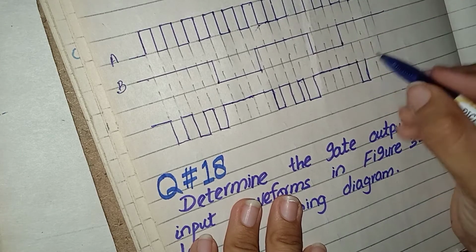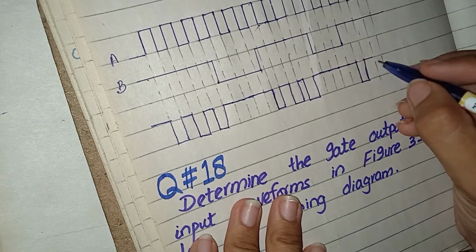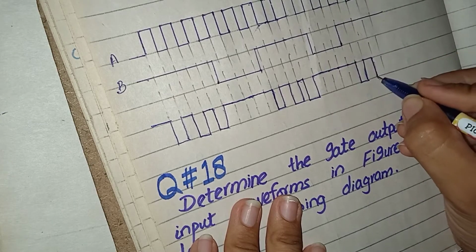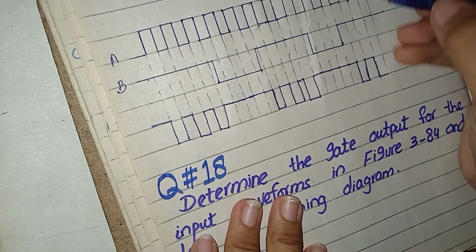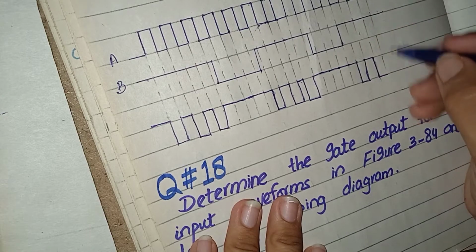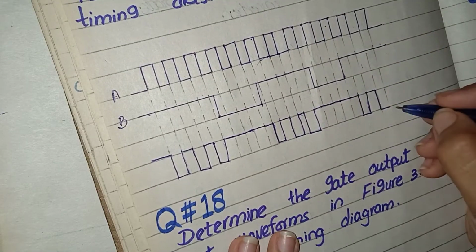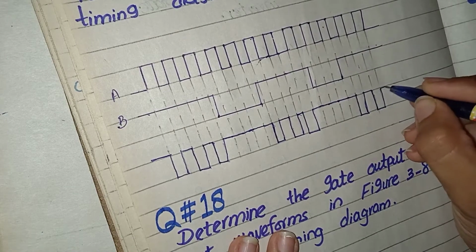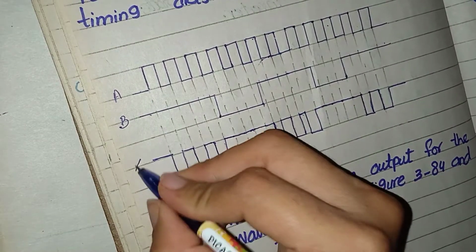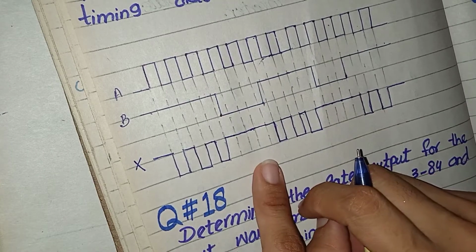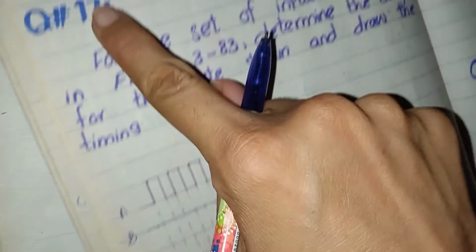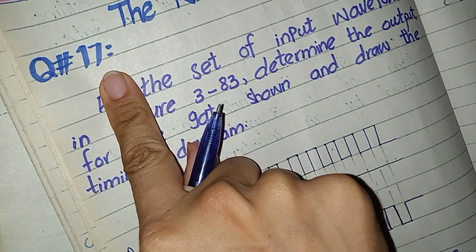For these two combinations, we get higher output, and for these two, we get a lower output. And for these two combinations, we get higher output because B is at high level and A is at lower level. This is our required output diagram for question number 17 of chapter 3, Digital Fundamentals.